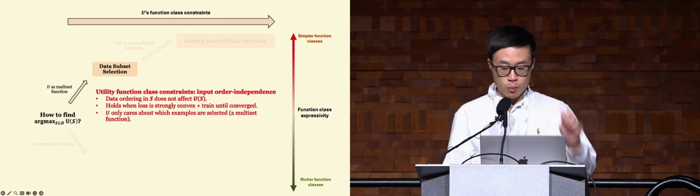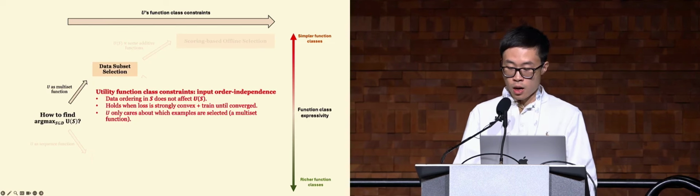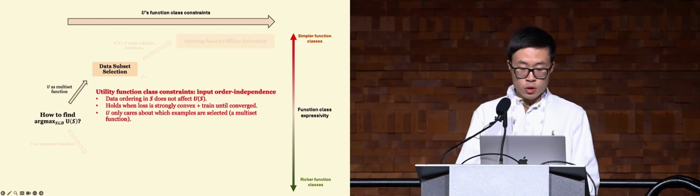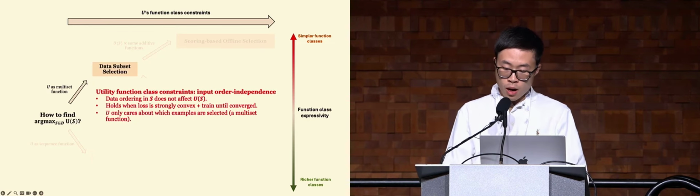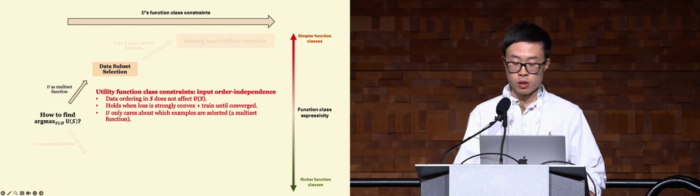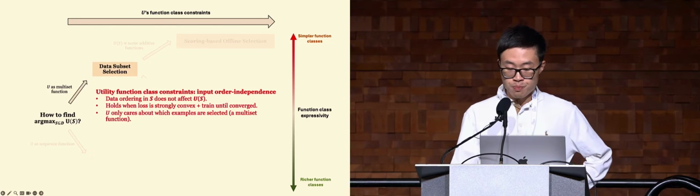Okay, so let's start with the most common constraint over the utility function class in many existing data selection works, which is the input order independence of the utility function. This means that we assume the order in which we present the data to our learning algorithm does not affect the final outcome.